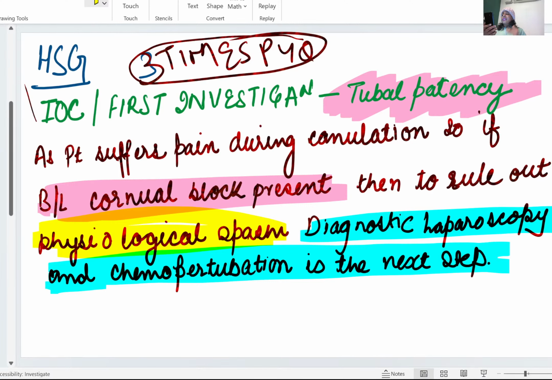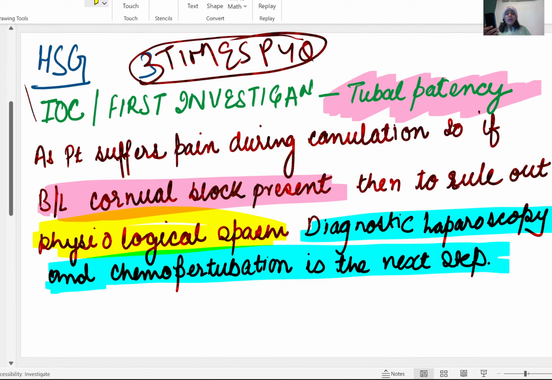Because the patient suffers a lot of pain, and due to that pain, the cornua go into physiological spasm. Your topic from which the PYQ has come should be thoroughly clear.